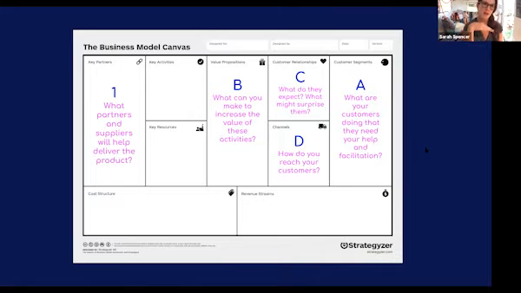Now, the other half of the business model canvas is the behind the scenes, the engine of what's going on. So your key partners: what partners and suppliers will you need to help deliver the product? That comes in handy when you have the $3 signs, and if you have determined something is a $3 sign value, then you really need to think about everything that goes into that.